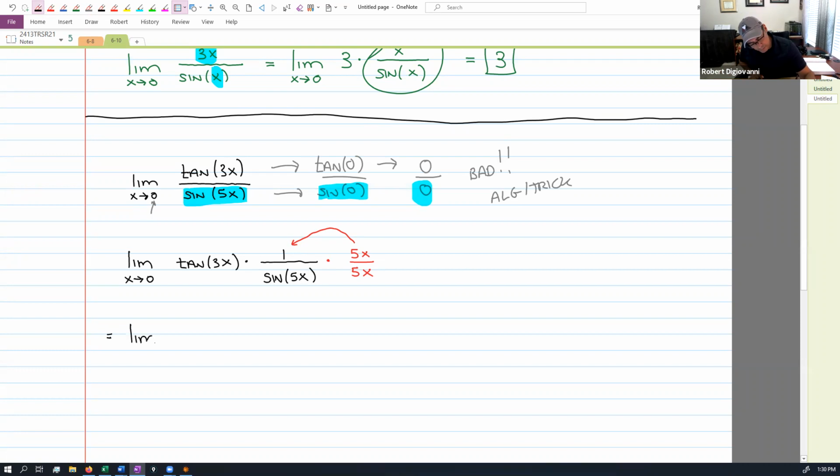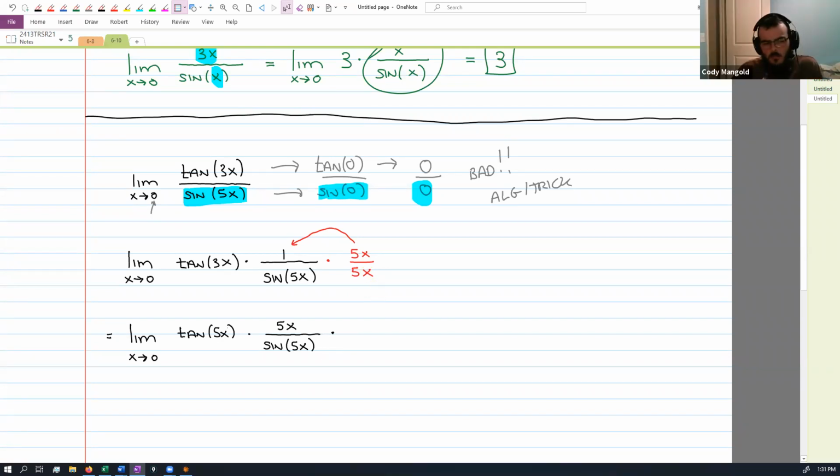This limit is now tangent of 5x times 5x over sine of 5x times what's still over here? Wait, is that tangent supposed to be a 3x? It's a 3x, sorry, thank you. What's still over here? 1 over 5x.